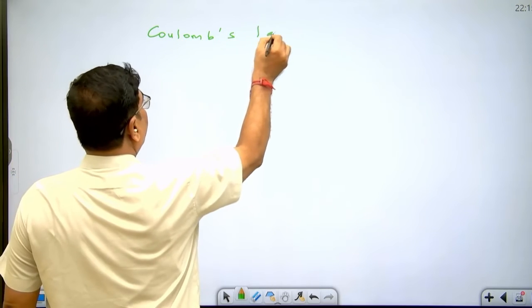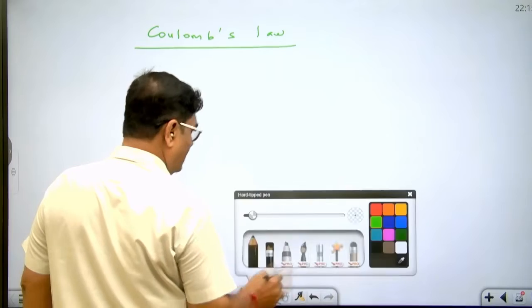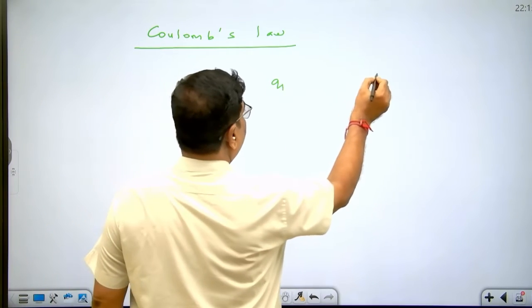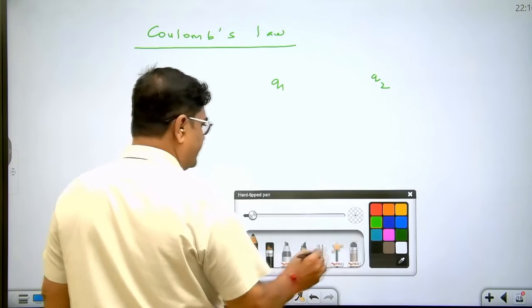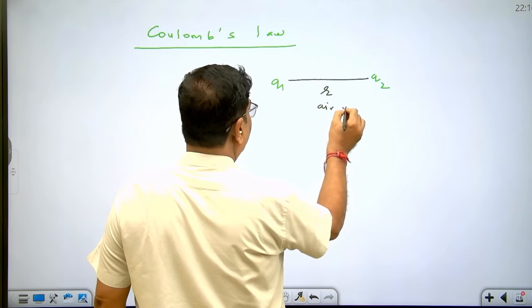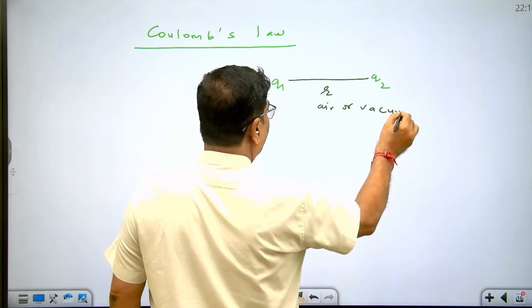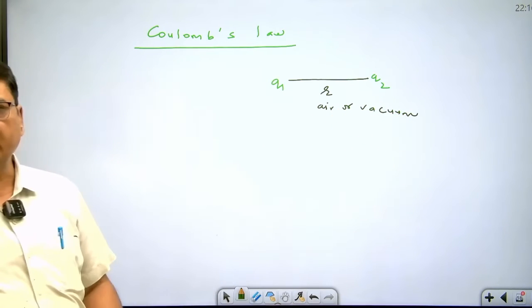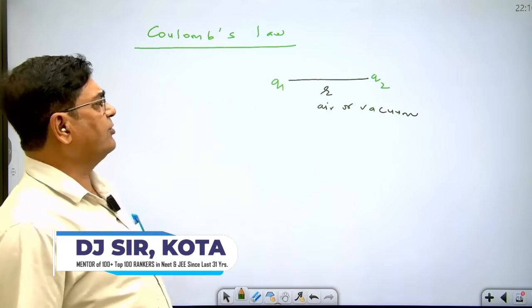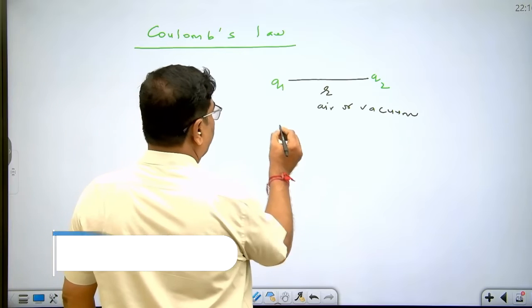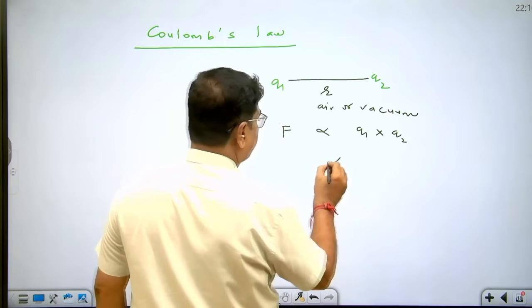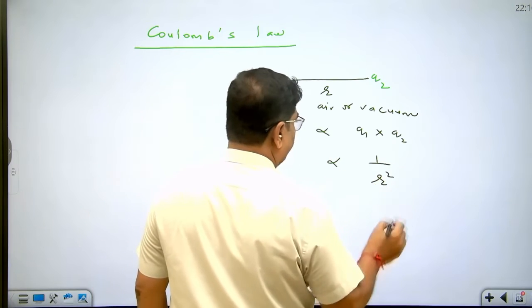These are some important points about Coulomb's law. First thing, when two point charges Q1 and Q2 are separated by a distance r in air or vacuum, then the electrostatic force acting between them is directly proportional to the strength of the charges and inversely proportional to the square of the distance between them.